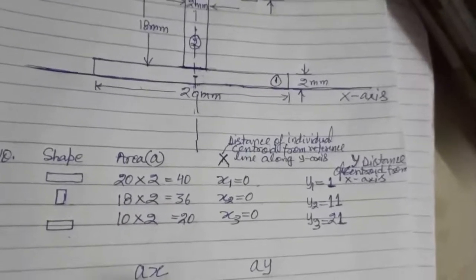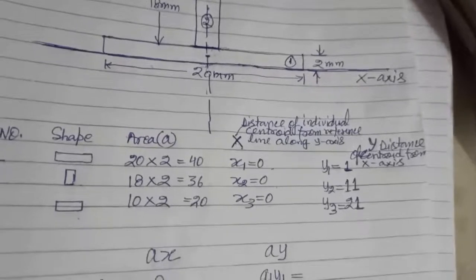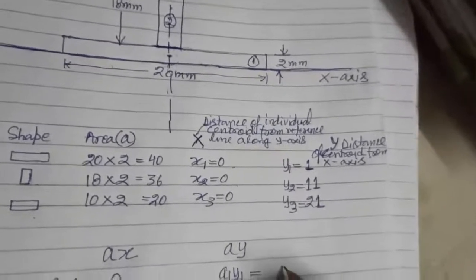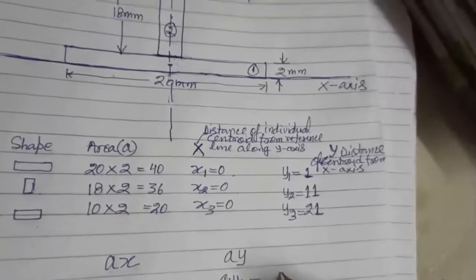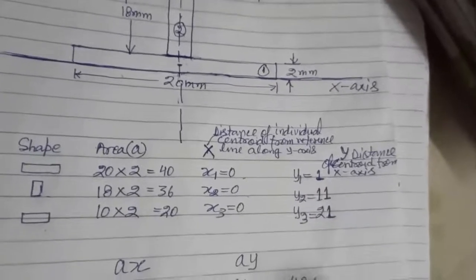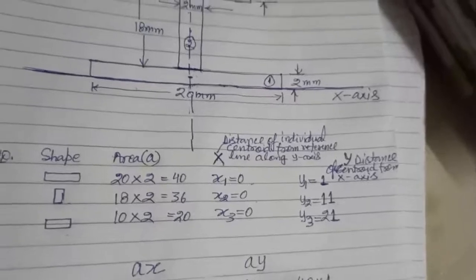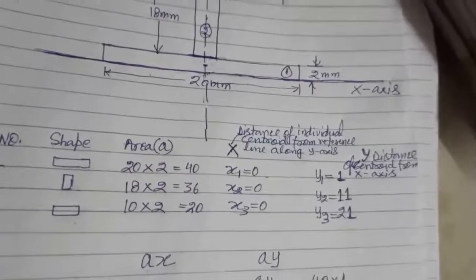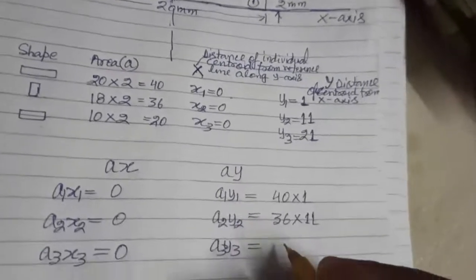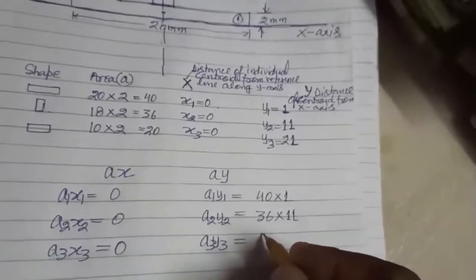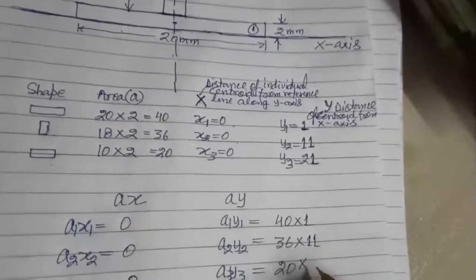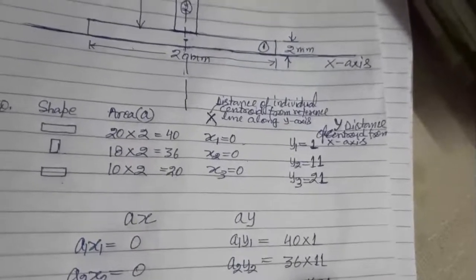So A1X1 is equal to 0, A2X2 is equal to 0, A3X3 is equal to 0, and A1Y1 is 40 into 1, or this is 36 into 11, and this is 20 into 21.